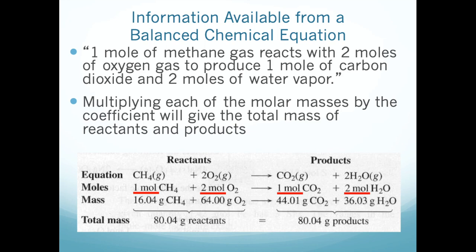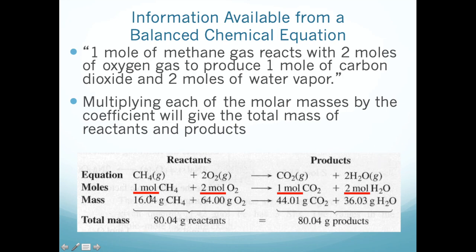Okay. Now, the important thing to take away from here, because we can trust that this works out, we don't have to pay attention to all of the numbers because we know that the relationship between any 2 quantities are going to be tied together by the balanced equation. So I know that 1 mole of methane is going to give me 2 moles of water. Okay, if I want to compare methane and water, I don't actually have to care how much oxygen and carbon dioxide there is, because I can trust that this balanced equation tells me that for every 1 methane, I have 2 waters.